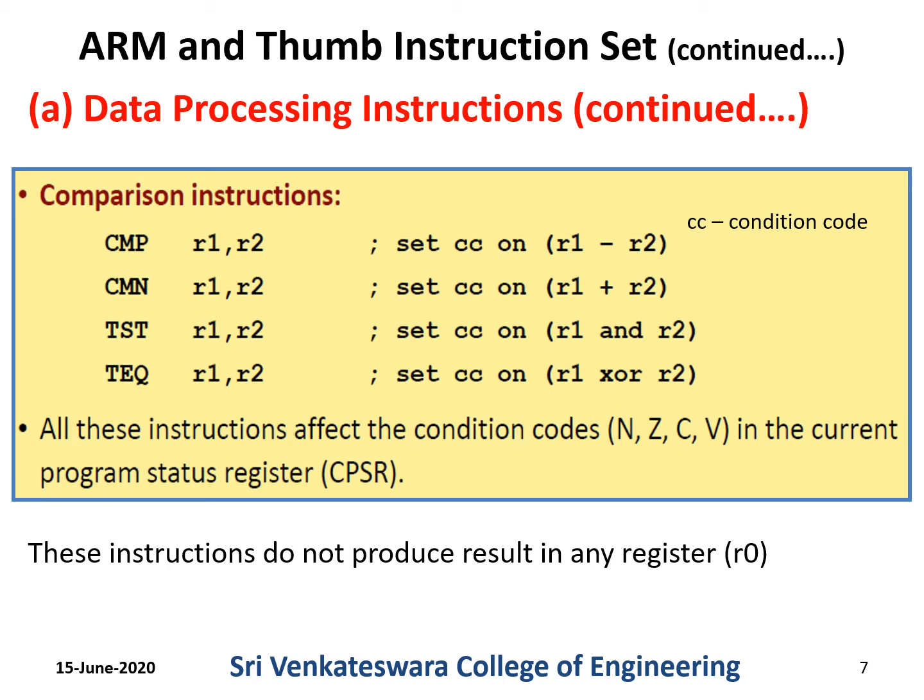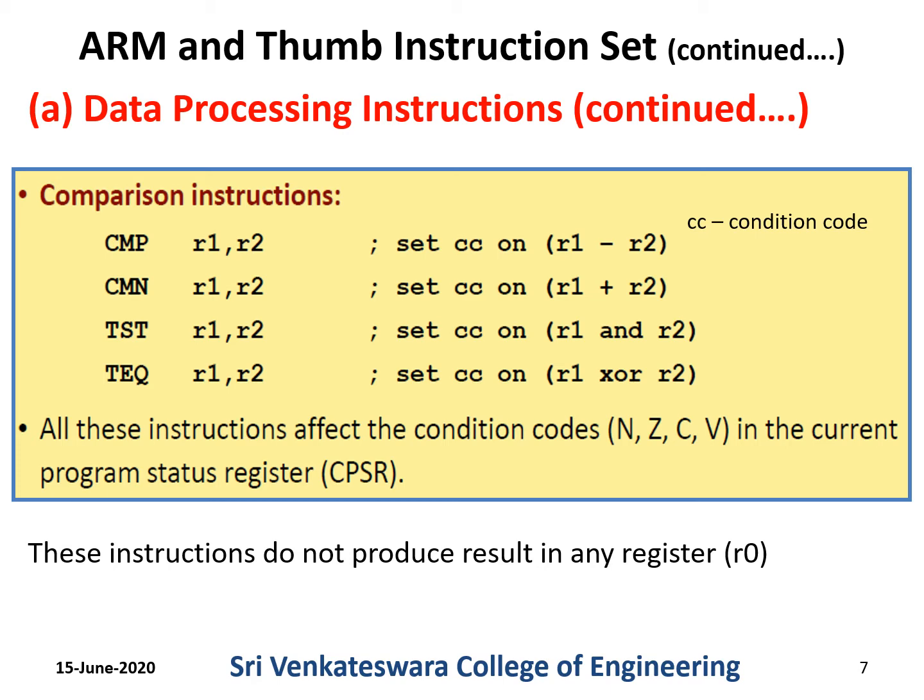Similarly, compare negate: R2 is negated and then it is subtracted from R1. So it is actually R1 plus R2. R1 minus of minus R2 is R1 plus R2. So simply it adds R1 and R2 and the result is reflected in the condition code flags.